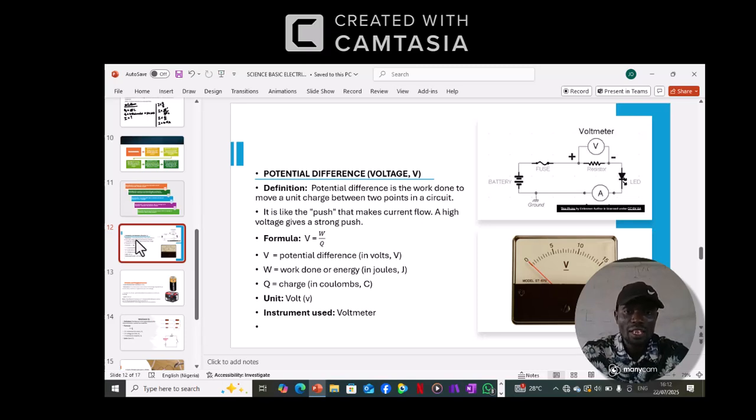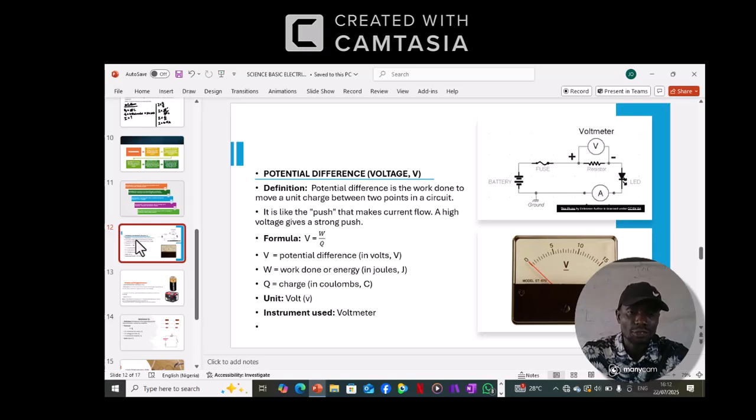That is why you see the potential difference and current are proportional to each other. So when one is high, the other will be high. They are directly proportional. When the pressure is high on the electrons, on the charges, then the rate of flow will be high, and that will cause the current to be high.